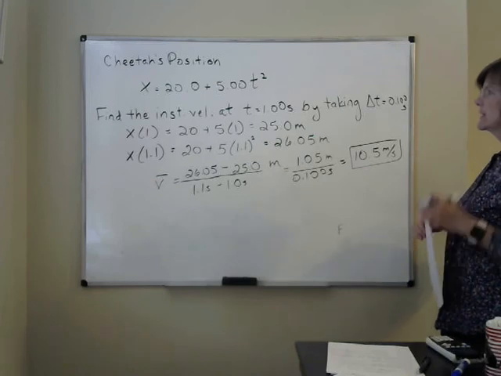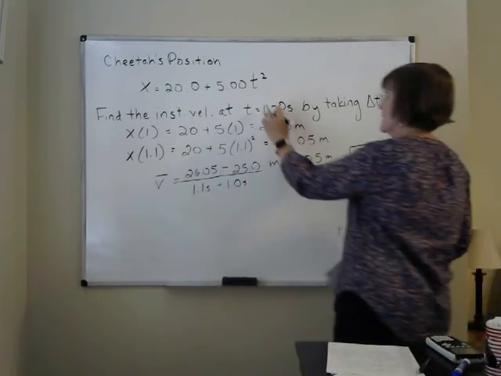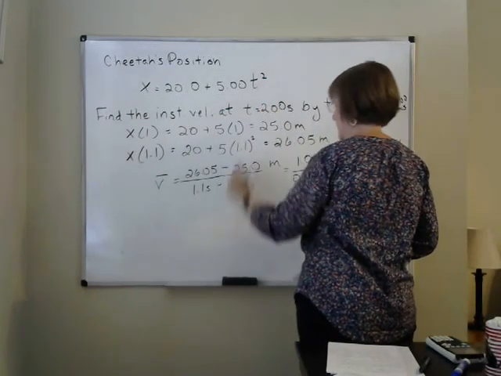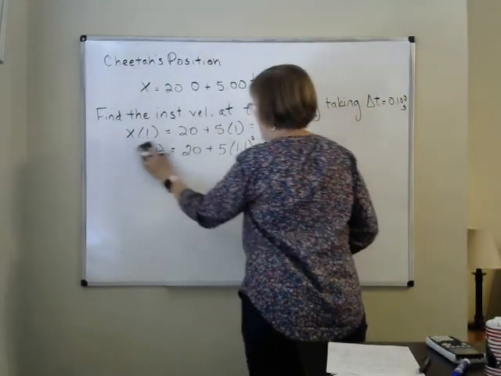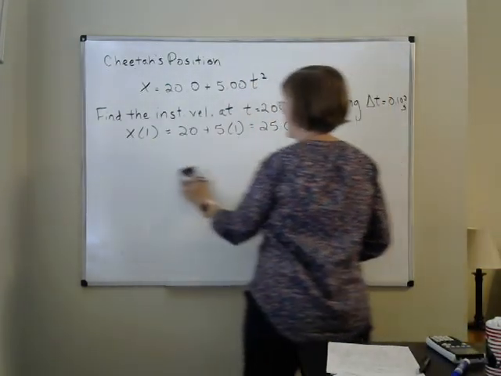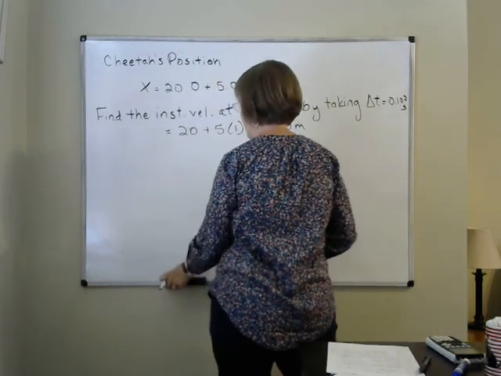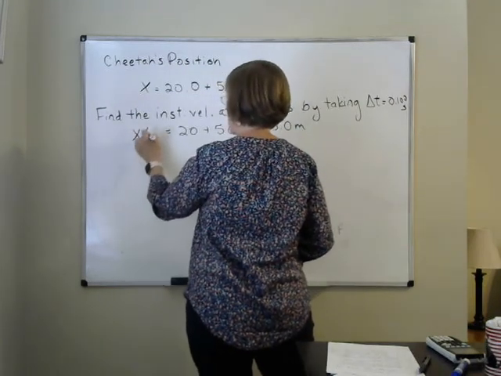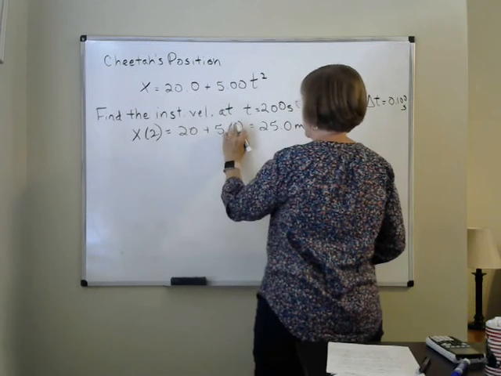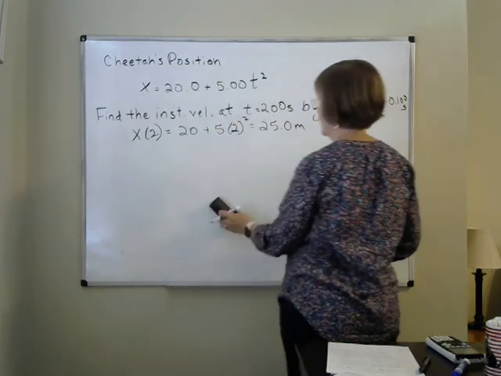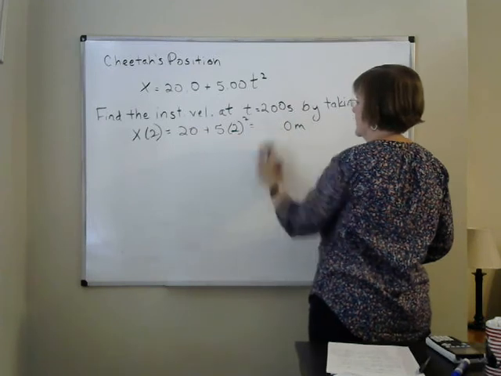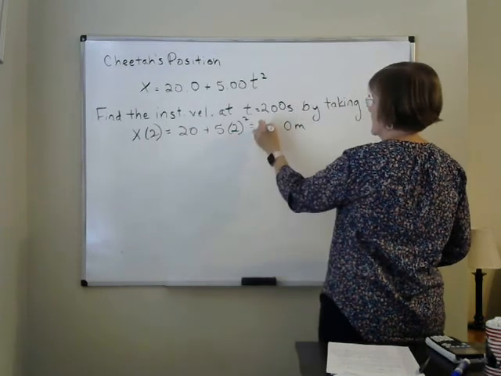If I do the same thing for 2 seconds, I want to find the position at 2 seconds. I'm going to have to put a 2 squared here. 1 squared is 1, but 2 squared is 4. Remember, he ended up at 40 meters.